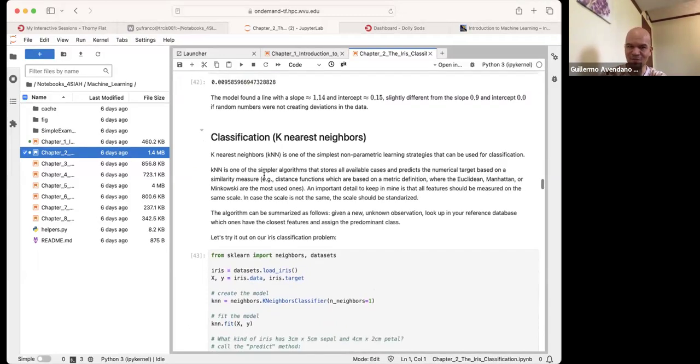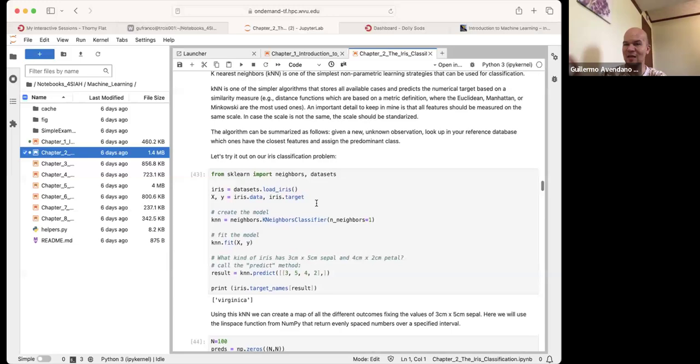So, classification. In this case, imagine that we don't know how many species of flowers we have. We just want to know if it's possible to identify the different ones. So we will forget about the target. We don't know that.